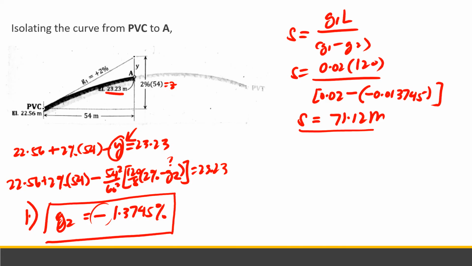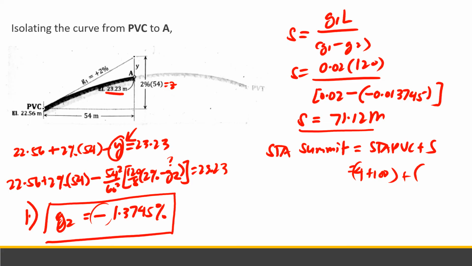So this means that the station of the summit is equal to the station of PVC plus our S. So this is 4 plus 100 plus 071.12.